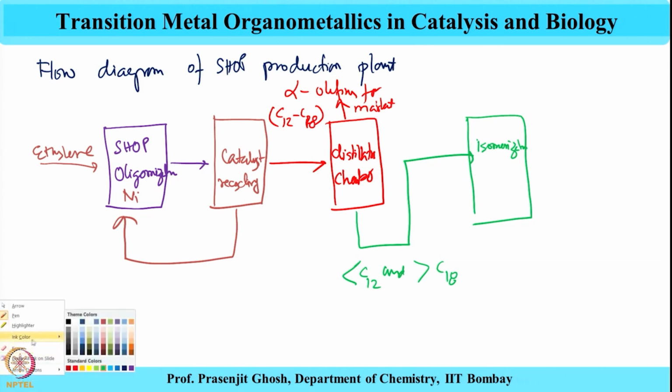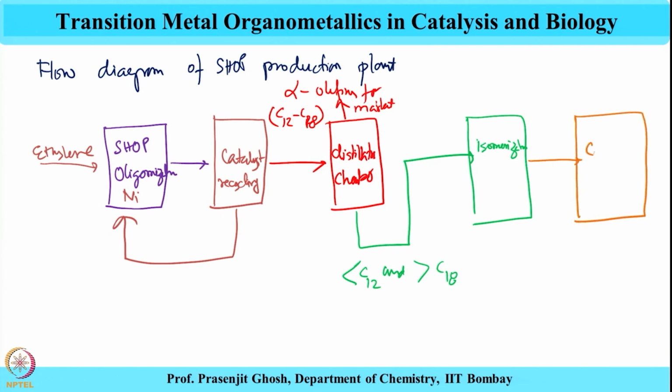and then post isomerization, the next step is cross metathesis, and this would be of the less than C12 and greater than C18 fractions, and then finally the product would be C11 to C14 fractions for hydroformylation and benzene alkylation.